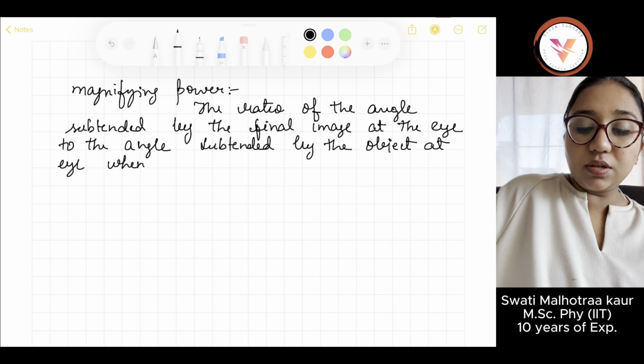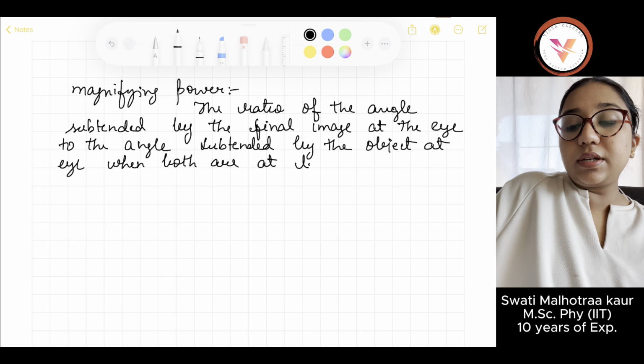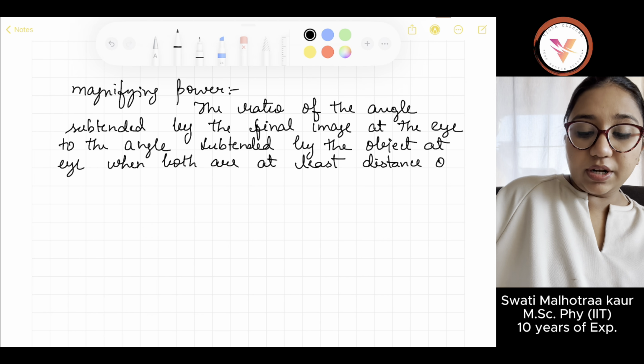When both are at least distance of distinct vision.